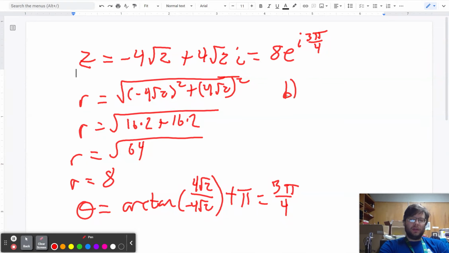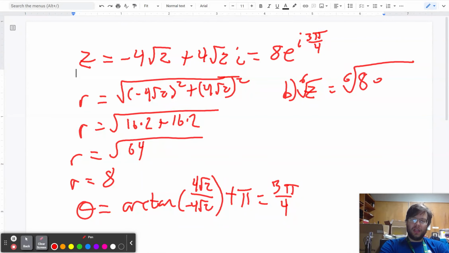So part B of the question says, what is something with the sixth root of z? Okay, the sixth root of z. So the sixth root of z then means that I'm going to take the sixth root of 8e to the i 3 pi over 4.